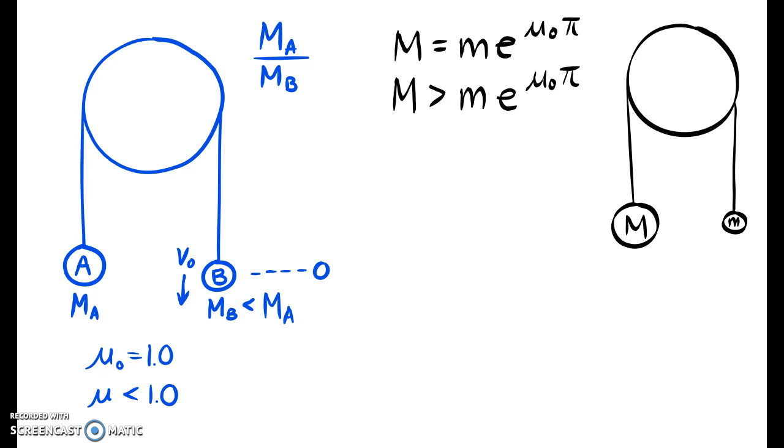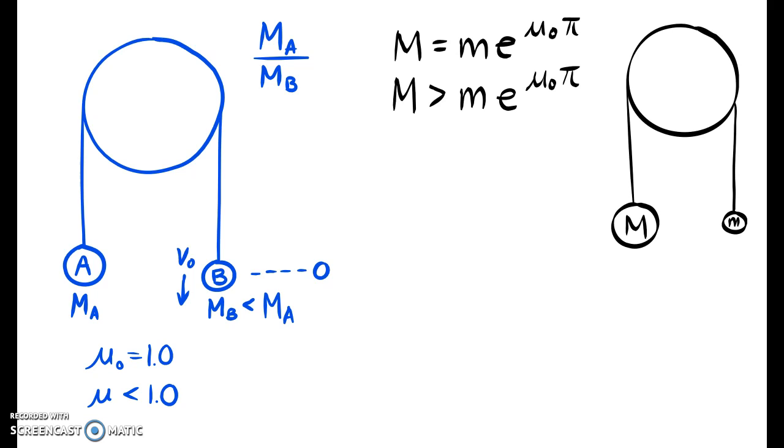Now if we look at our own problem with ma and mb, we can see that if we just leave the system to itself and we don't have a weight B there initially, then the system is going to want to start rotating counterclockwise, downward to the left, following the effects of gravity upon weight A. But once we put weight B there, and if we don't give weight B an initial velocity, then the system becomes balanced.